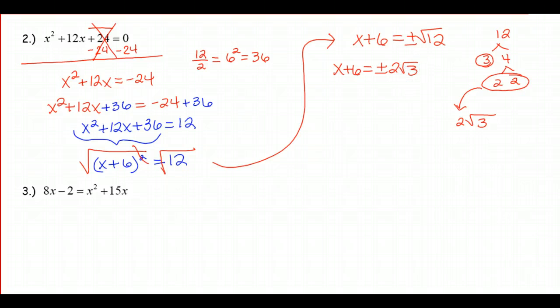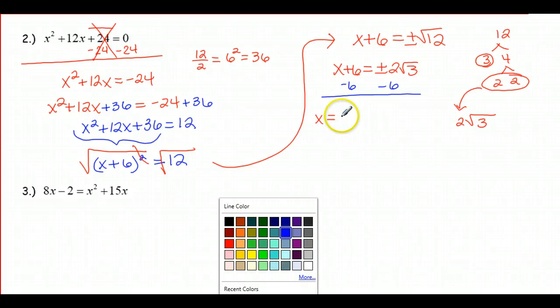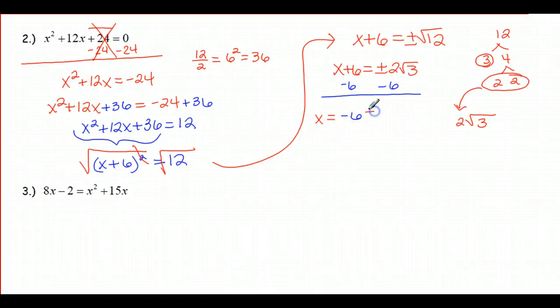Now to finish solving the problem, we're going to subtract 6 from both sides of the equation, and when we do that, we get our solution. X equals, now put the minus 6 first. So minus 6, and then put the plus or minus 2 root 3.